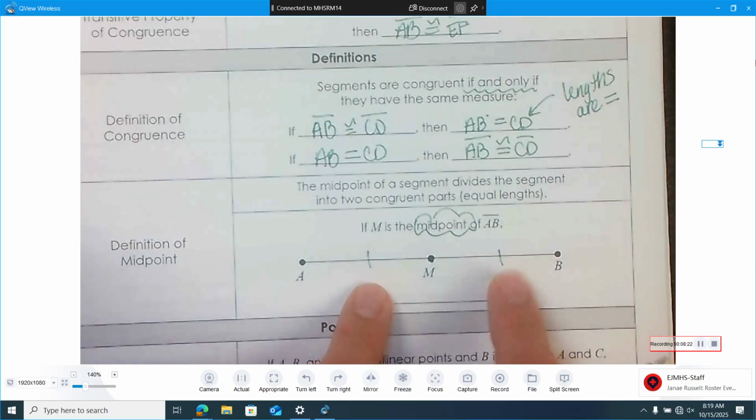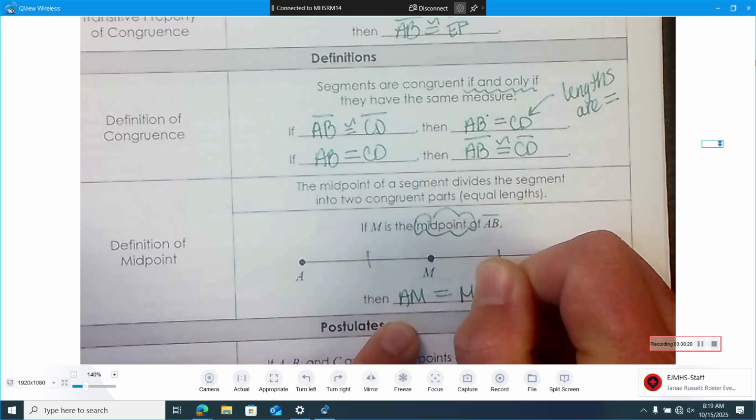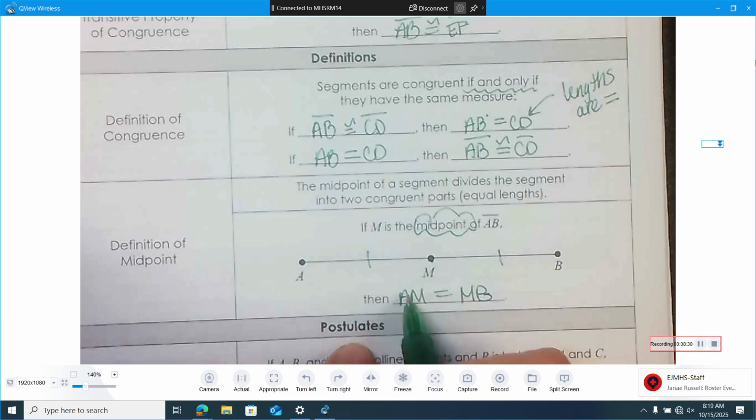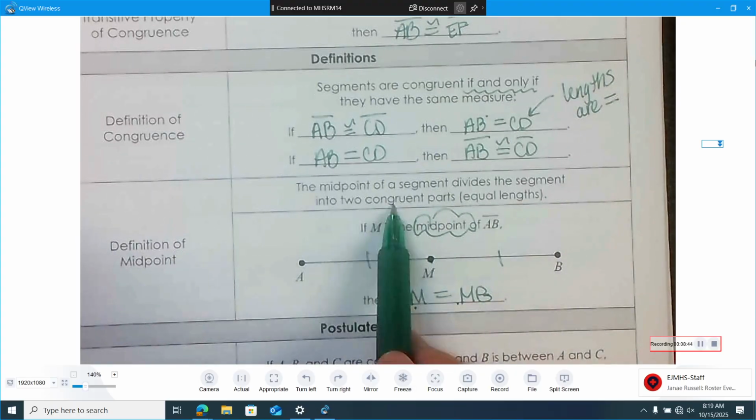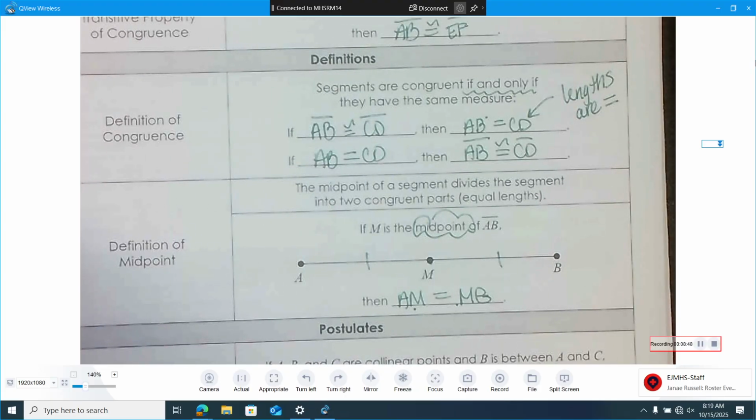We get two congruent segments, which also means the length of segment AM is equal to the length of segment MB. So if midpoint, then two equal or congruent. We could go either way. Definition of midpoint.